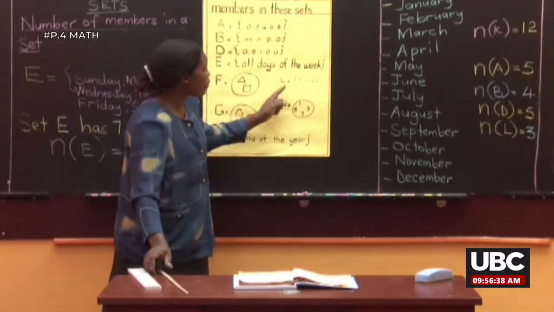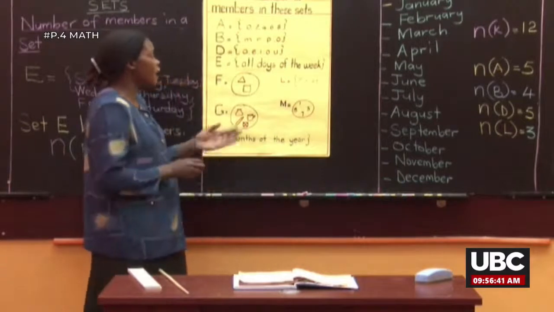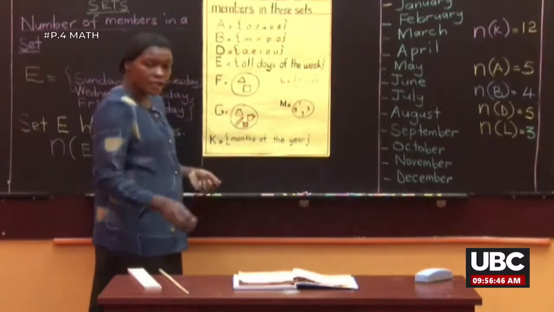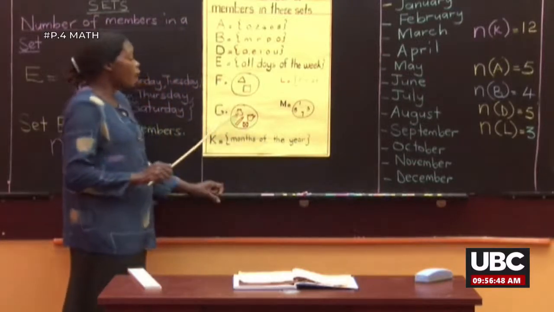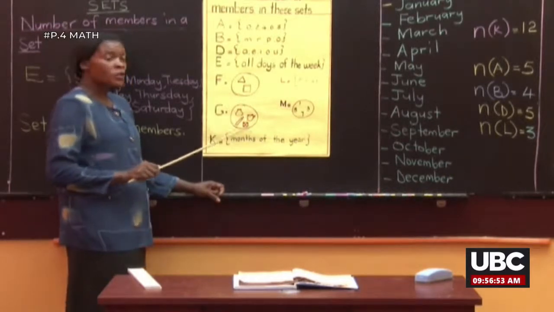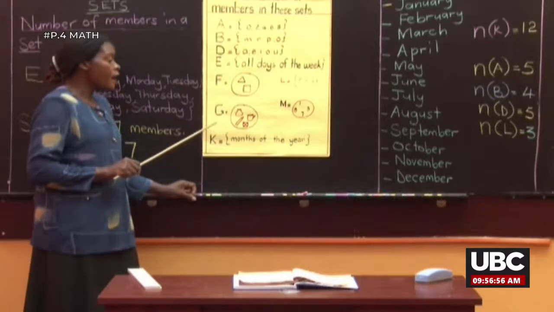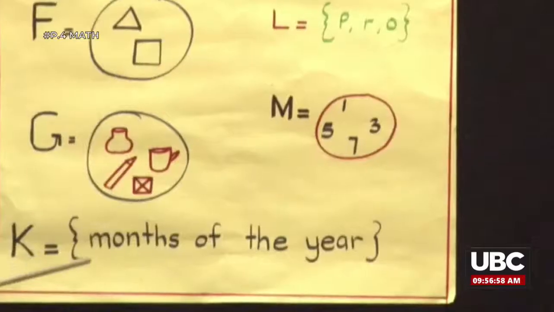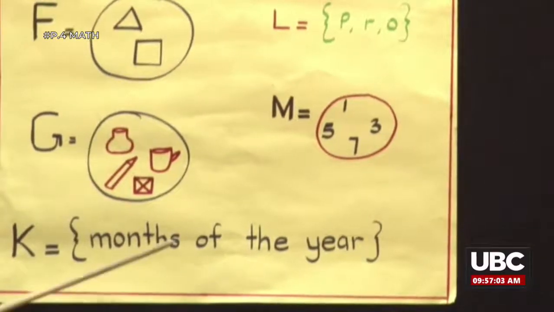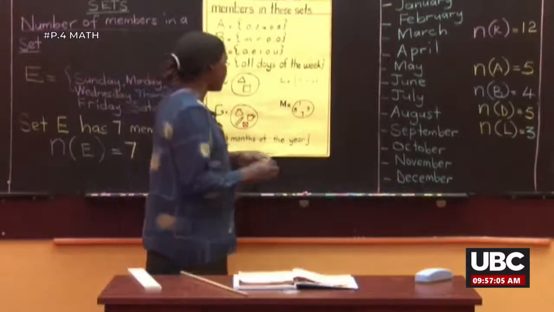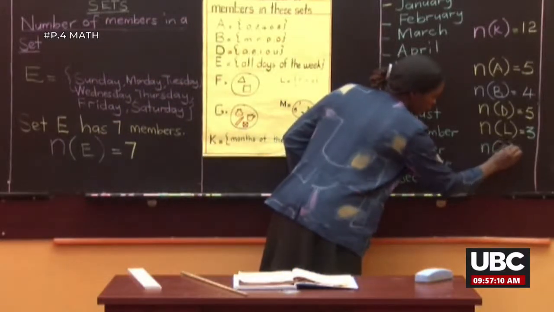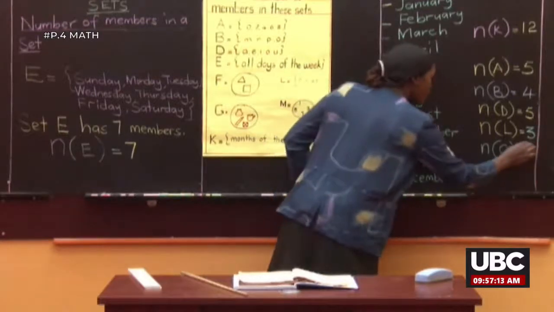So the number of members now in set M is 4. Then our set B having 1, 2, 3, and 4. So we say set B has 4 members. If we don't say that, we just say the number of members in set B. The number of members in set B is 4.